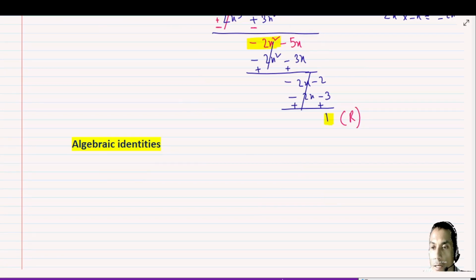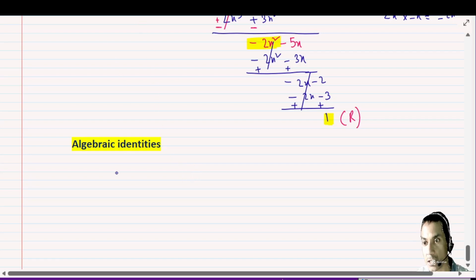Now we learn a few algebraic identities which we can apply for operations on algebraic expressions, and by applying these algebraic identities, the calculation will be easy and fast. Okay, so what are the identities mostly used for algebraic operations? They are a plus b whole square.